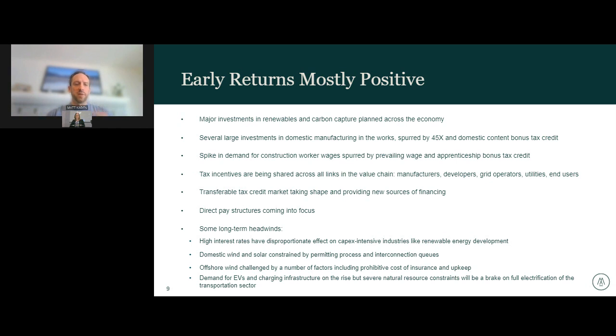Some long-term headwinds: obviously high interest rates are going to impact CapEx intensive industries like renewable energy. Domestic wind and solar is still constrained by permitting queues and interconnection queues. And there are challenges, as you probably read about, with offshore wind and demand for EVs, which is going down a little bit recently.